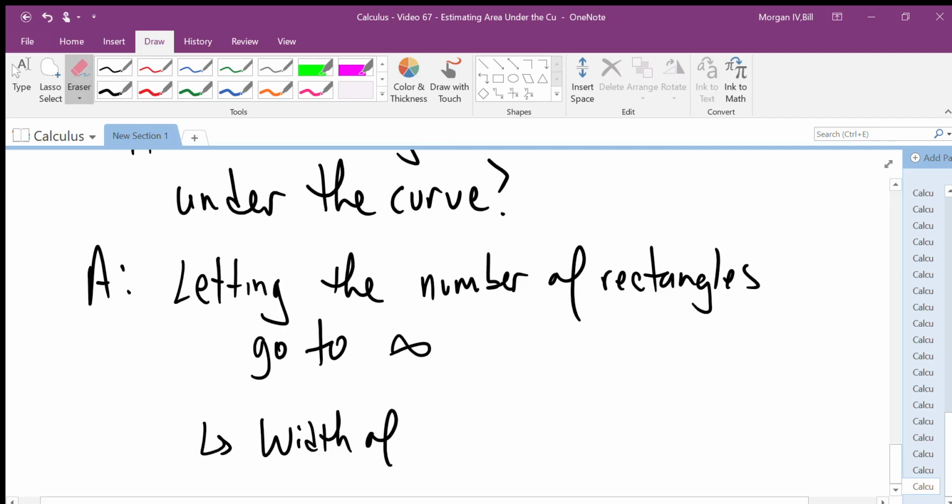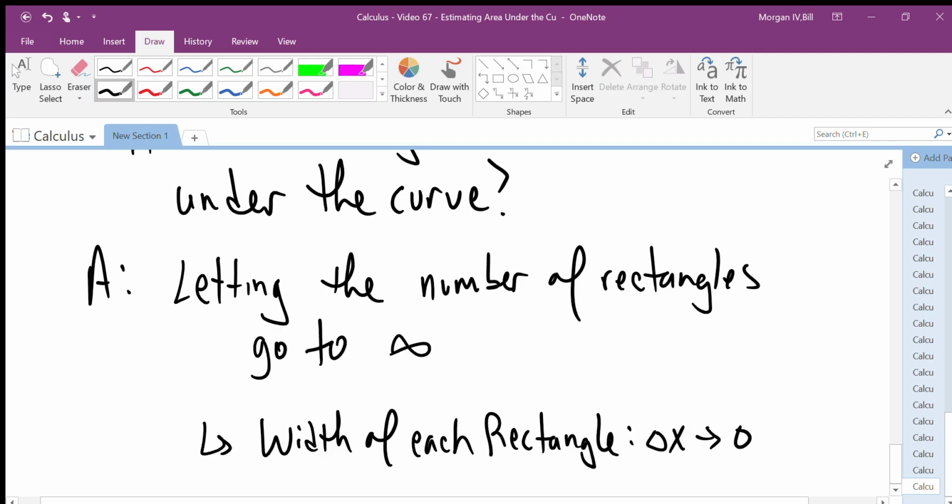The width of each rectangle, delta x, gets smaller and smaller, and that goes to 0 when we let the number of rectangles go to infinity. So n will go to infinity. That forces delta x to go to 0. That will give us an exact area under the curve.